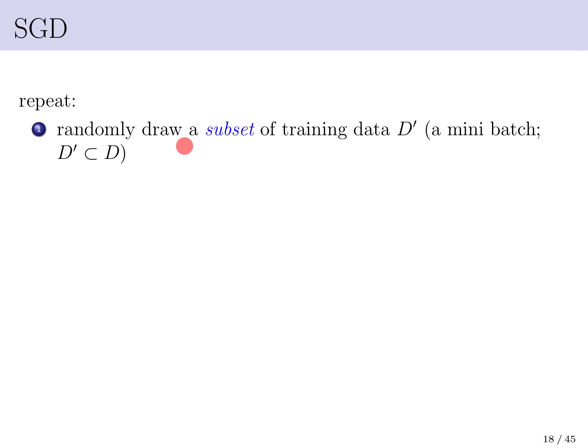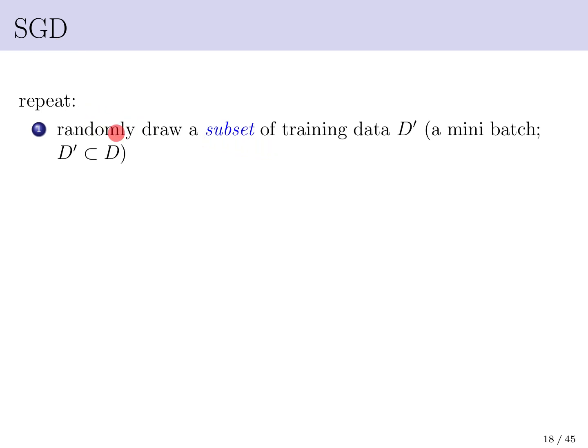So here's what SGD is. The only difference between SGD and the original gradient descent I have just described is that SGD works on a subset of the training data set at a time.